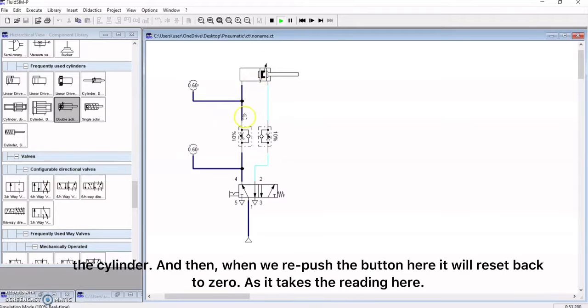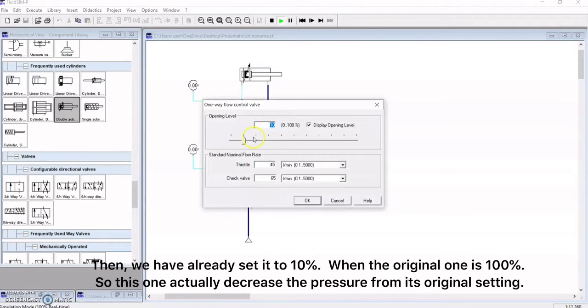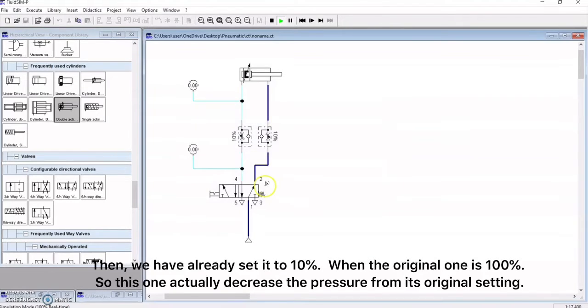And then when we push the button again, it will reset back to 0 as it takes the reading here. Then we have already set it to 10%. When the original is 100%, this one actually decreases the pressure from its original setting.